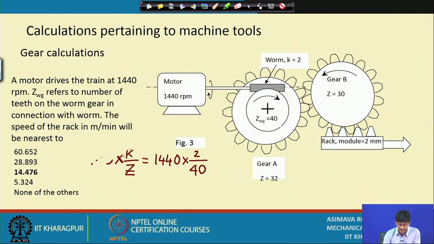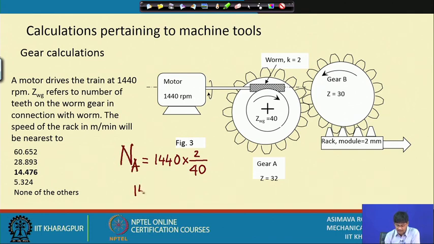Now we have moved up to the worm gear shaft. That shaft is containing this gear, so it must have the same RPM. This must be equal to the RPM of gear A, that is NA.